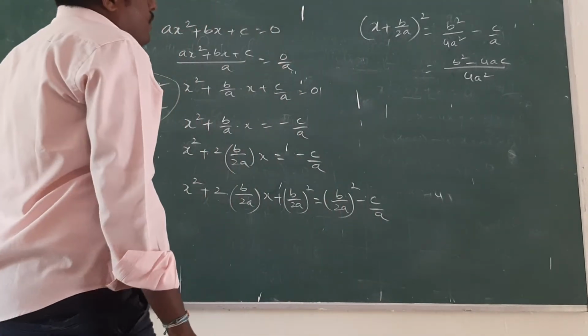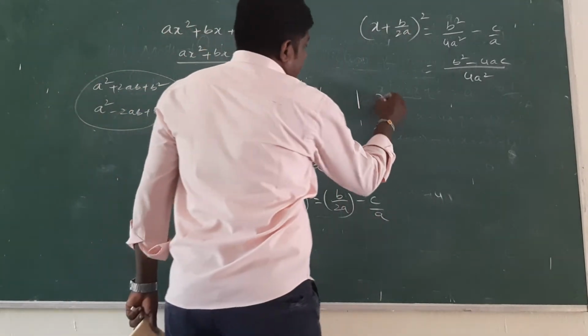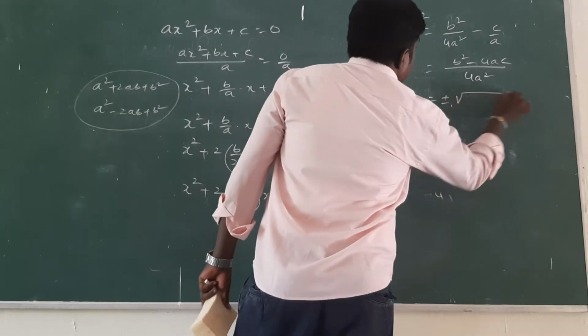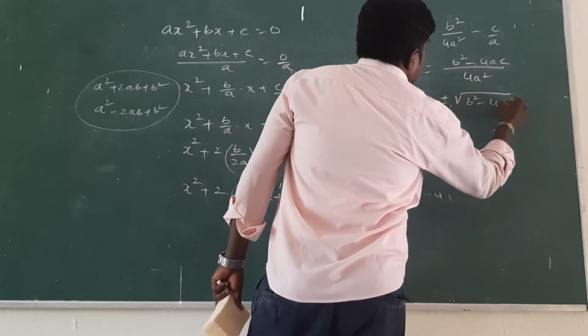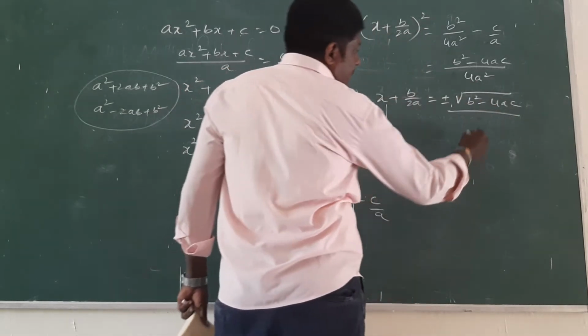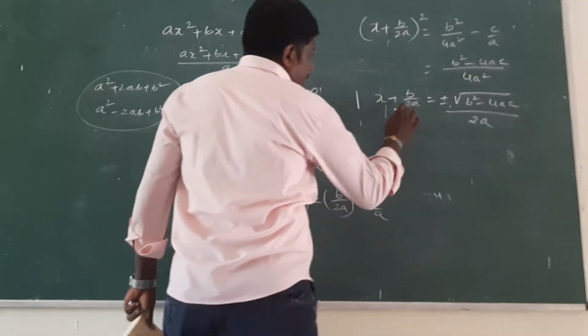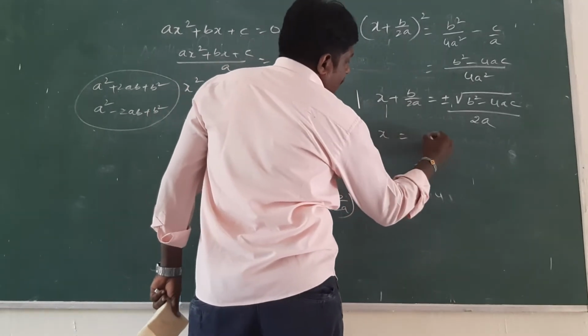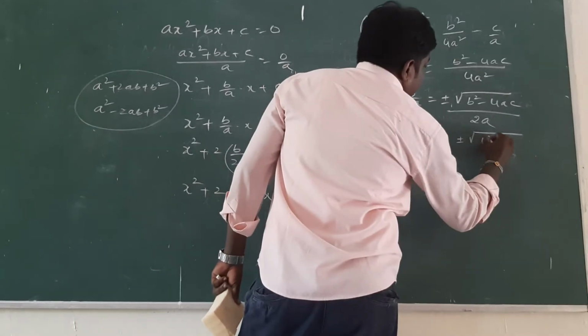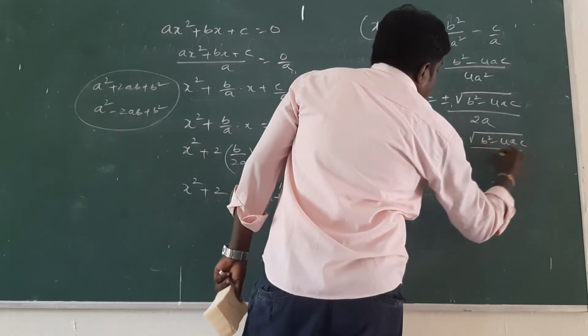Now square root on the other side. x plus b by 2a is equal to plus or minus square root of b square minus 4ac by 4a square, which is a perfect square. Square root of 4a square is nothing but 2a. Now send b by 2a to the other side. x is equal to minus b by 2a plus or minus root of b square minus 4ac by 2a.